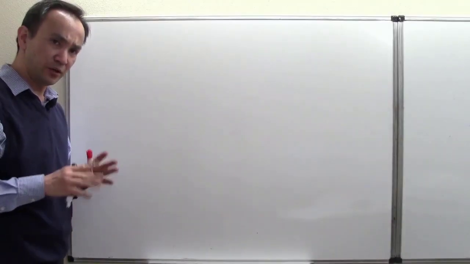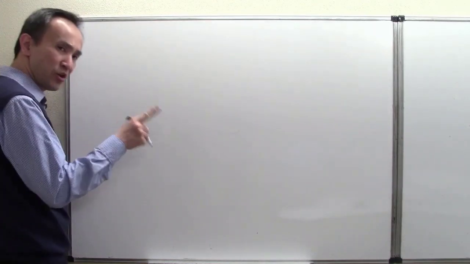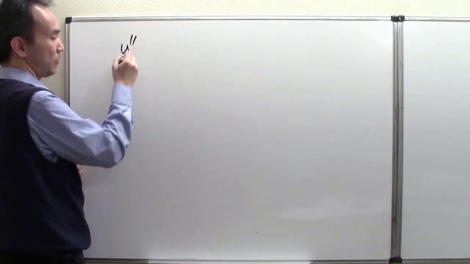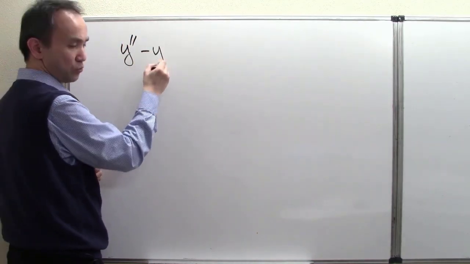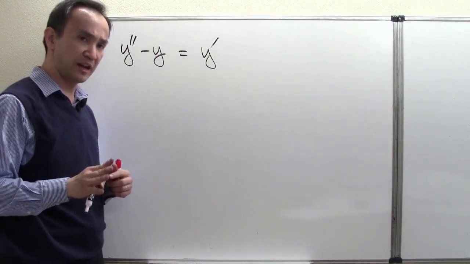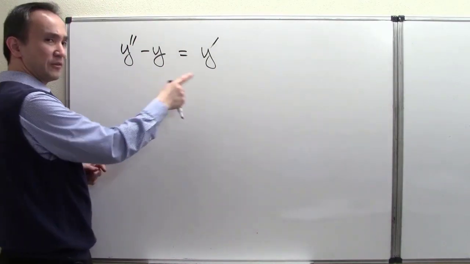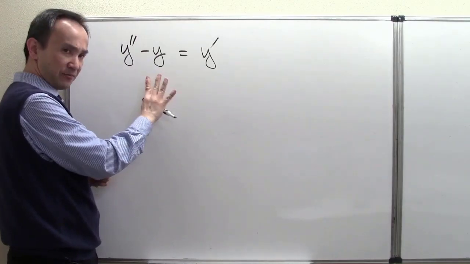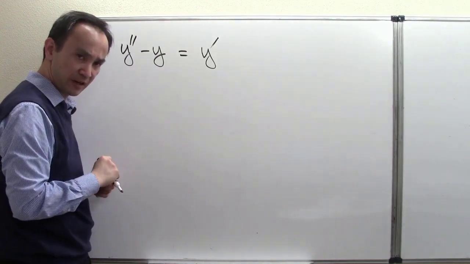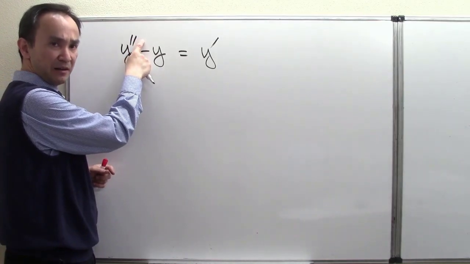In the example right here, the first equation listed, y prime prime minus y equals y prime, is clearly a differential equation. But from what I now recognize, the highest derivative is up to the second order.